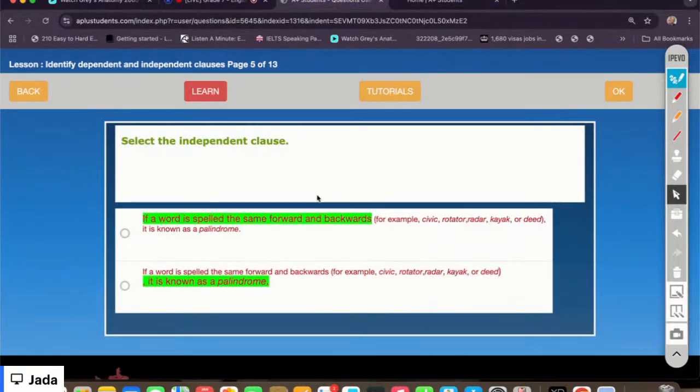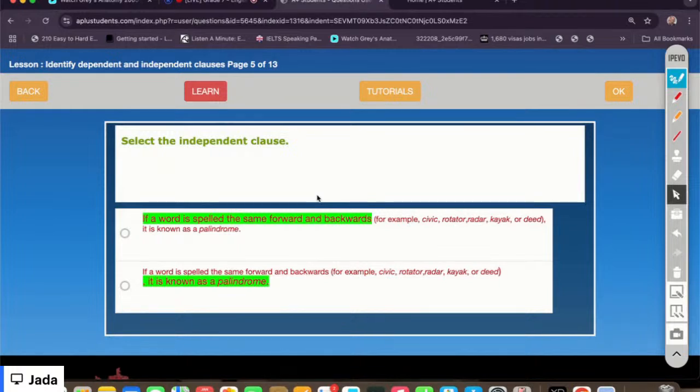So we also have select the independent clause. If a word is spelled the same forward and backward, for example, civic, rotator, radar, kayak, or did, it is a palindrome.